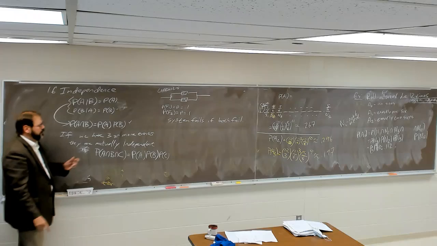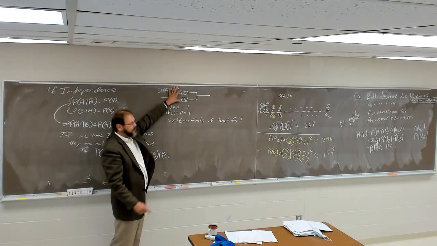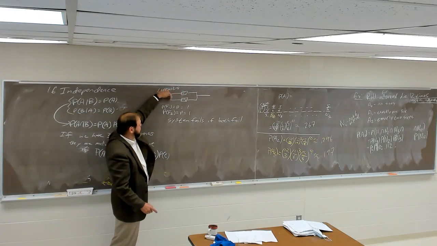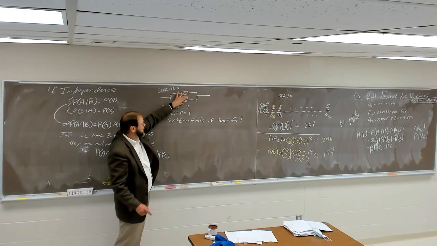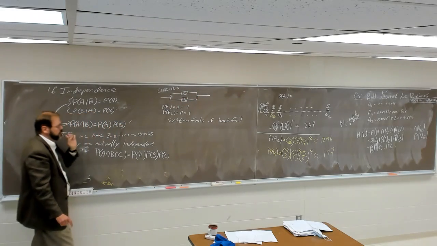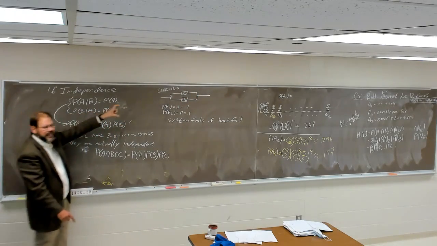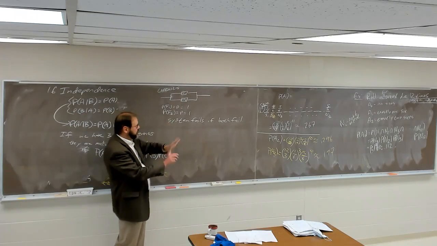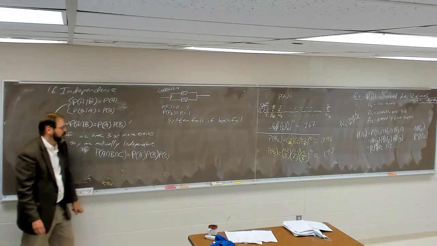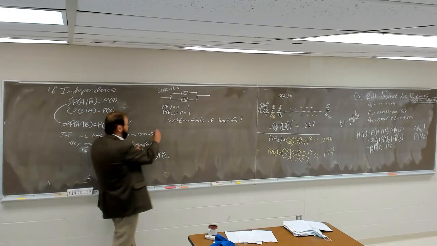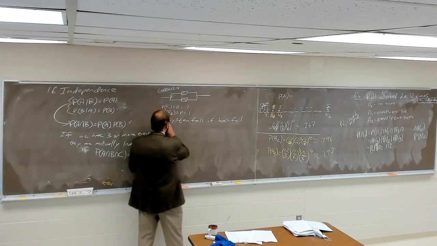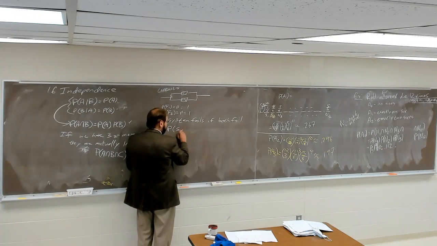Think about one of them as giving a redundancy. If one fails, the system can still work in the other direction. It's not until both of these things fail that the whole system would end up failing. And then the question would be, what is the probability that the system fails?